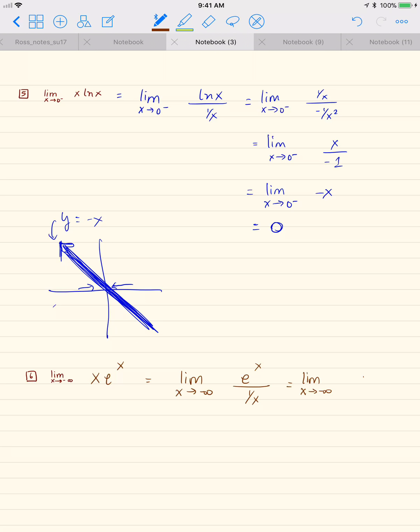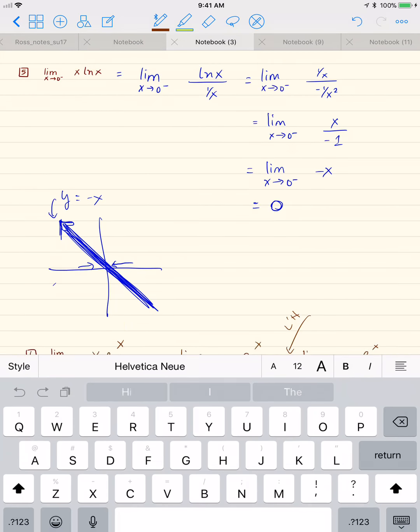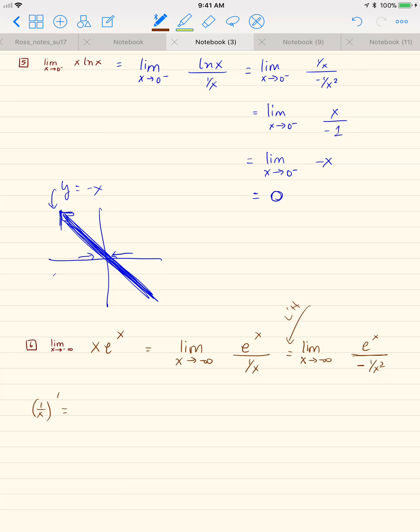The numerator derivative is going to be e to the x. And for the denominator, instead of 1 over x, I'm going to have negative 1 over x squared, right? Because the derivative of 1 over x is equal to negative 1 over x squared, which is the same thing as negative x to the negative 2.